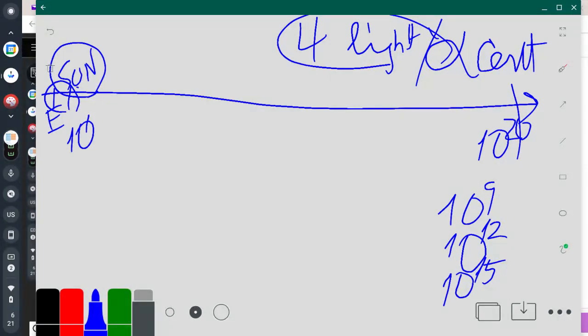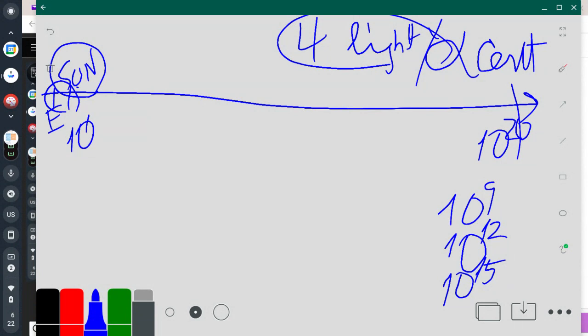But if we do it like that, even 10 to the 9th, there's no way you can put it on a limited space, right?